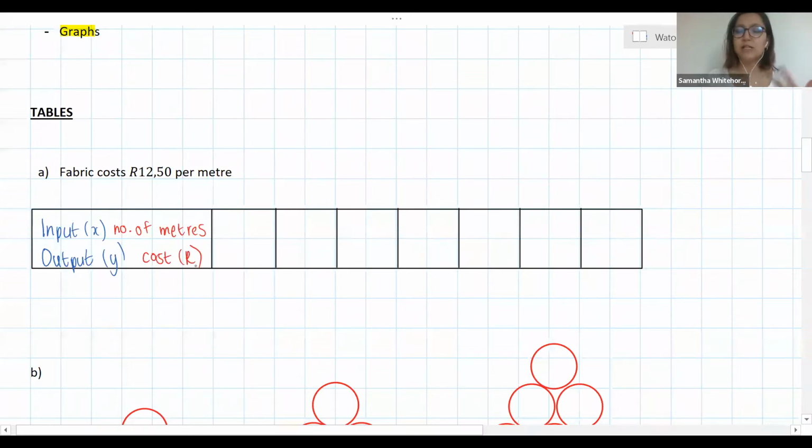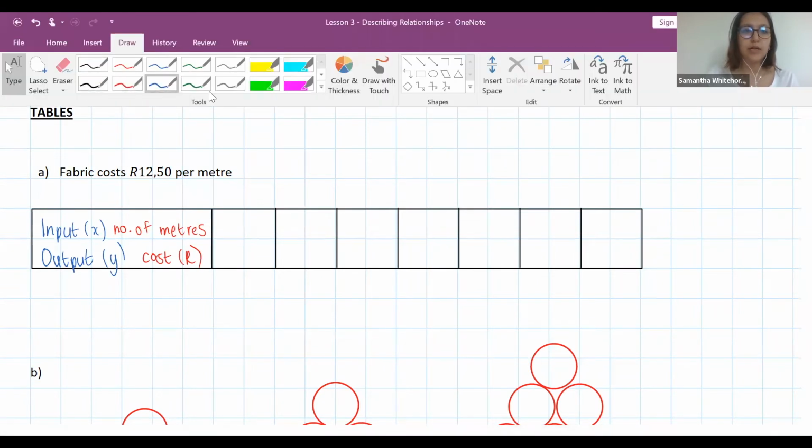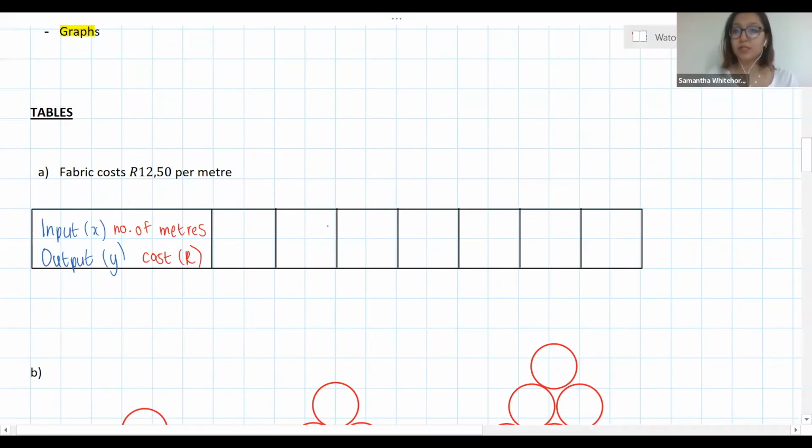As long as I know how many meters I want to buy, I can work out exactly how much it's going to cost me. I can also work out some sort of equation to represent this relationship. So let's see what happens to our inputs and outputs as we decide on the meters that we buy.